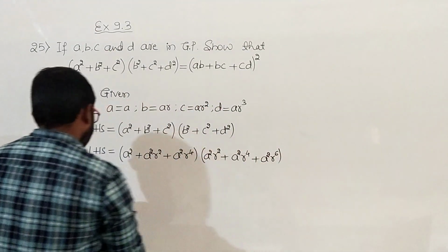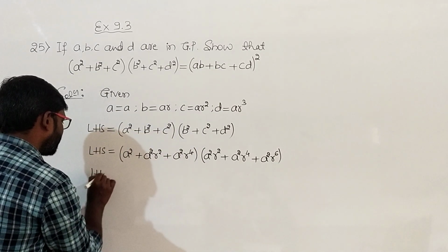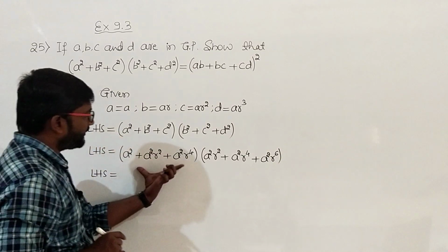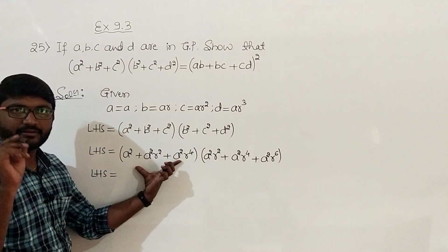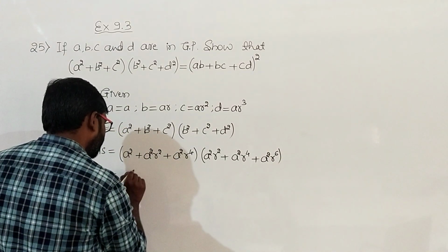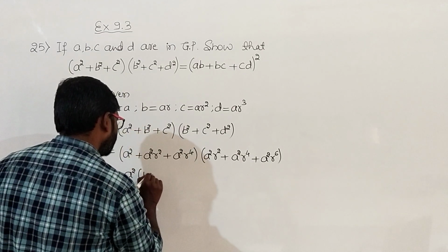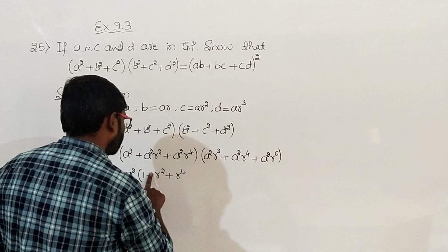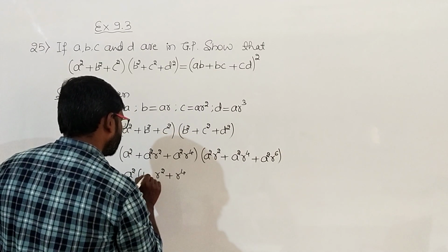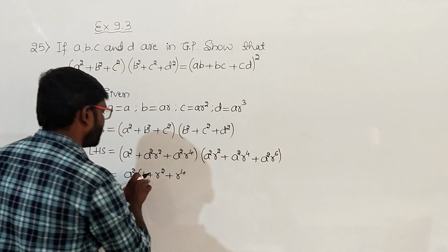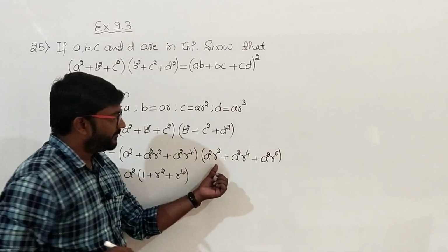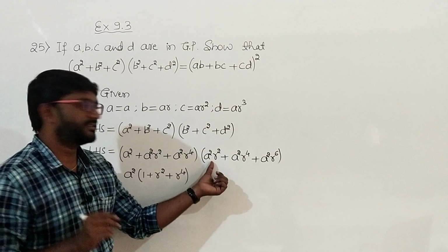Now we will have to take common in the first term as well as in the second term. So here, in all the three terms, we can take A square common. So I will be taking A square outside. We get 1 plus R square plus R raised to 4. And then here we can take A square into R square as a common term.